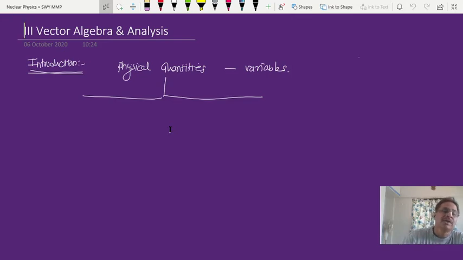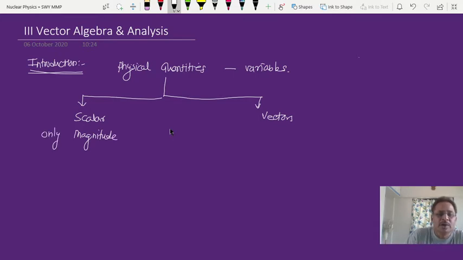Now these physical quantities are broadly classified in two groups. One is called scalars and the second group is called vectors. We always know the physical quantities which are required to be specified by only magnitude, nothing else. If we need to specify only magnitude, then this quantity is called a scalar quantity.